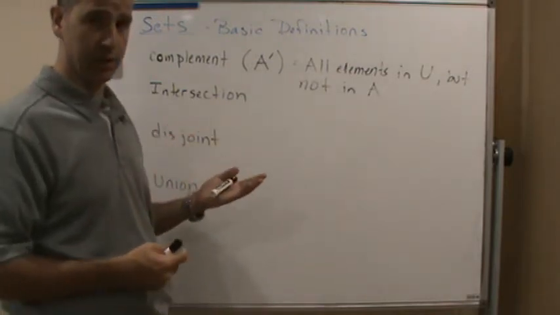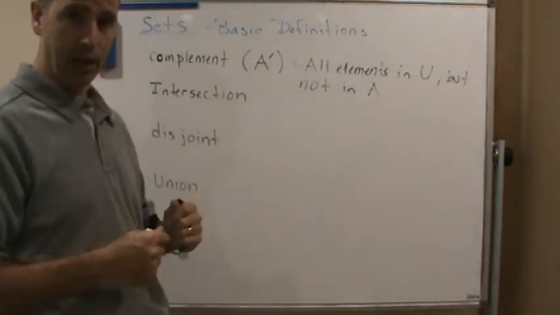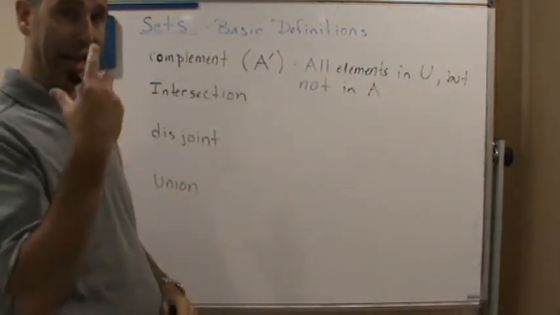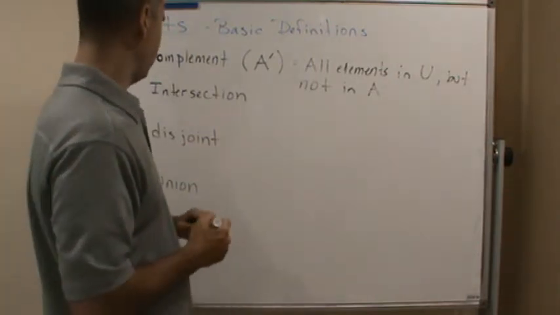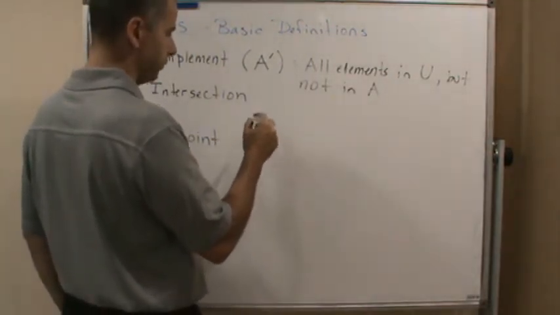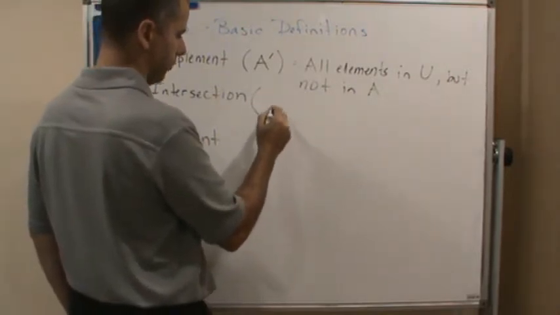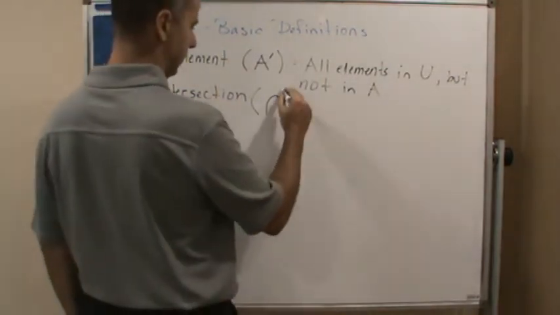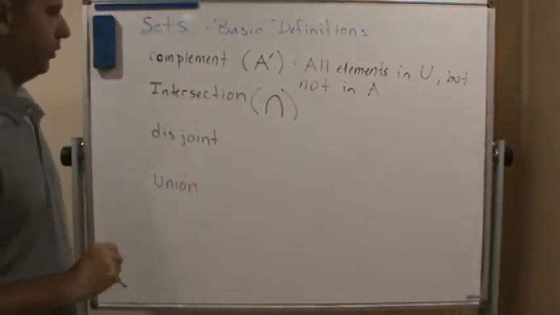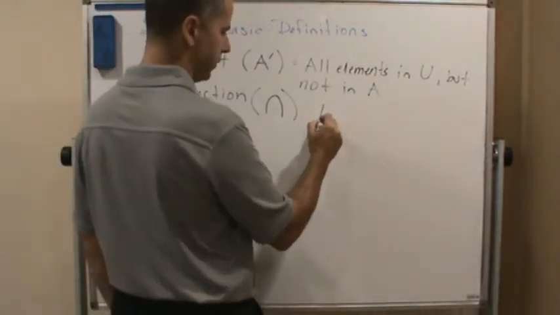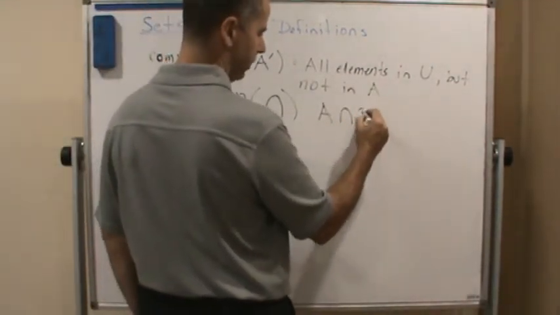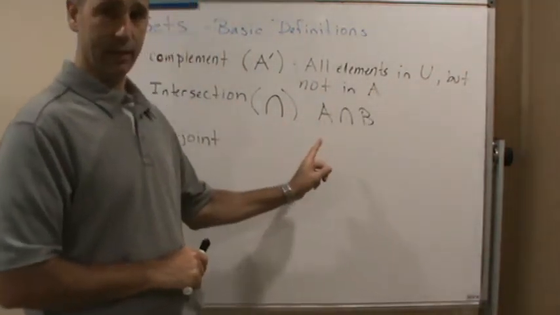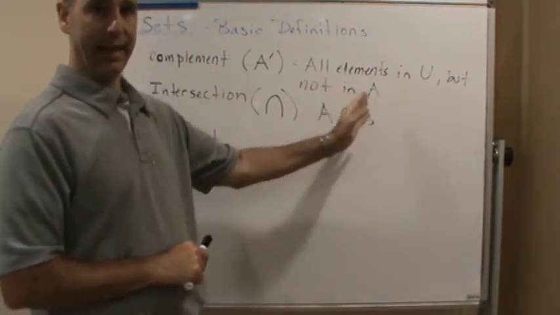If I want the intersection between set A and set B, then I want all the elements that are in both A and in B. We use the symbol of an upside down U for intersection, which means we want only the elements that are in both A and in B.